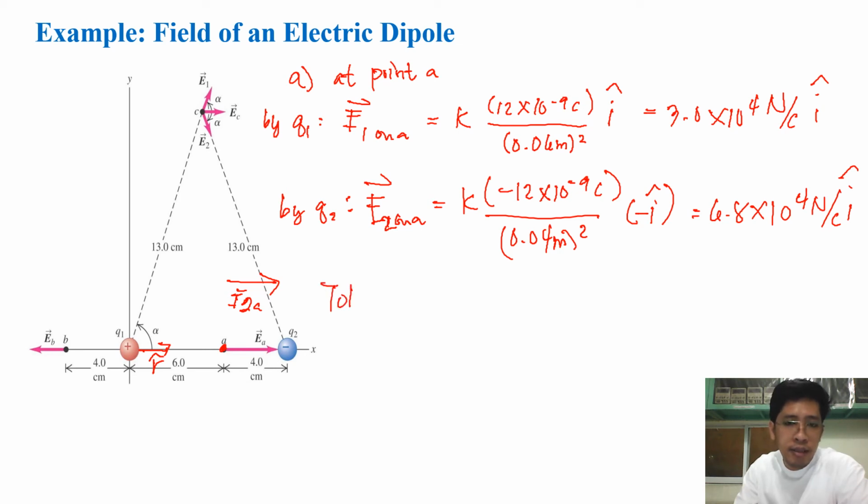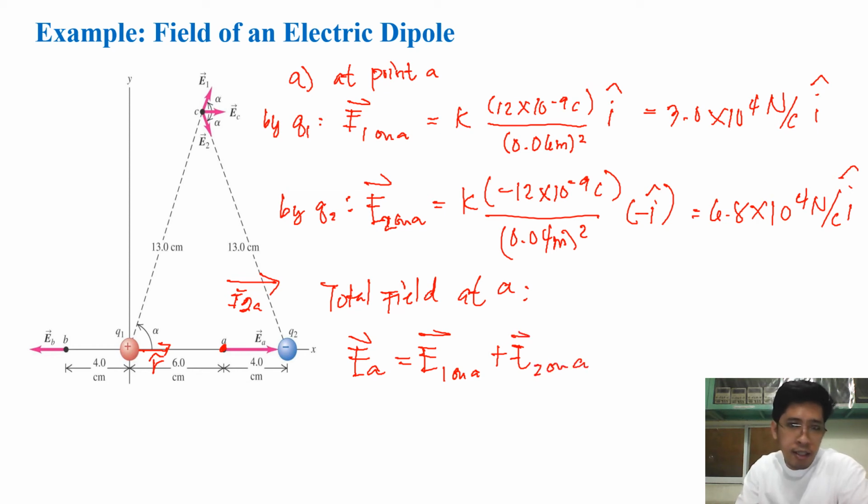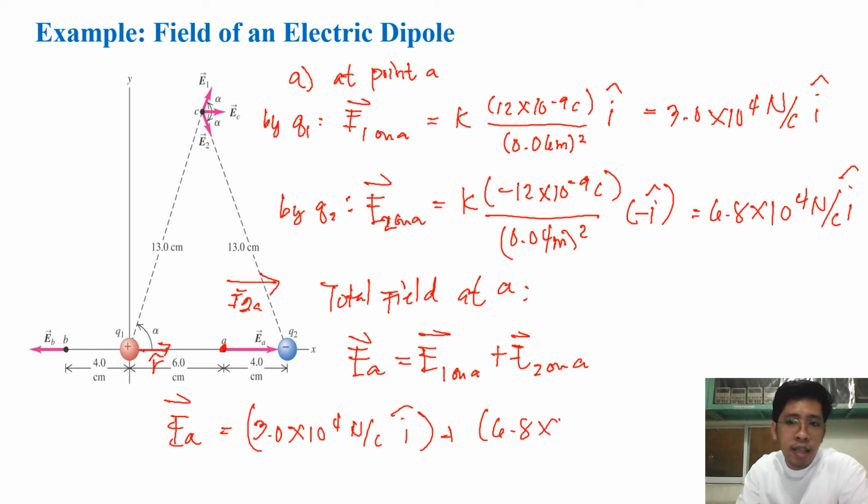So the total field at A. From your superposition principle, your EA is just your E1 on A plus your E2 on A. So that means your total field at point A is just 3.0 times 10 to the 4 Newton per coulomb I hat plus 6.8 times 10 to the 4 Newton per coulomb I hat.